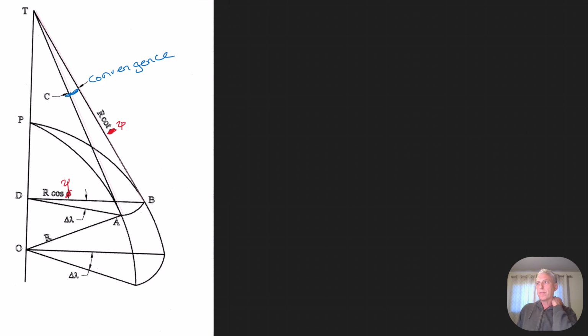There's a few other things we can glean from this drawing, or try to fill in some of the labels of the angles and sides. So since our radius here is perpendicular to a tangent line, remember radii are always perpendicular to a tangent line given a sphere, then we can say this is a right angle, and this angle here is our latitude, right?